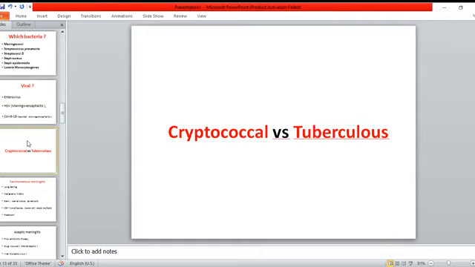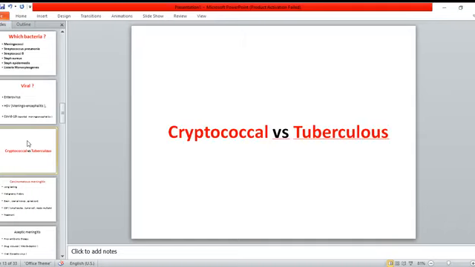Both usually present in immunocompromised patients, so you will have some underlying cause for the immunocompromise, like taking immunosuppressive drugs, or the patient is HIV or non-HIV, or you may be given a risk factor for developing HIV, like homosexuality or IV drug abuse. So usually the patient is immunocompromised, whatever the reason.